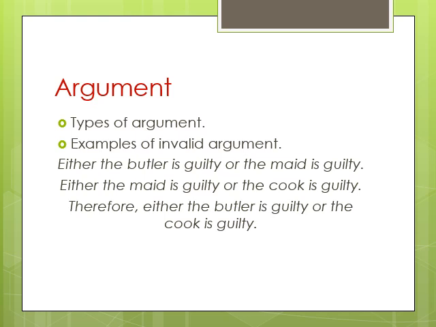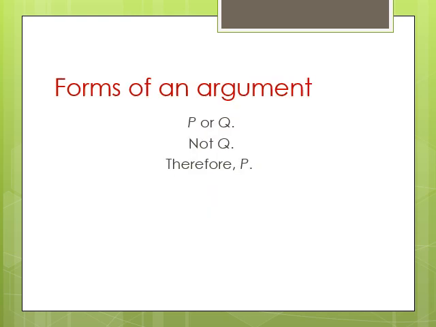They introduce two possibilities in the first premise, rule out the second one with the second premise, and then conclude that the first possibility must be the case. In other words, both arguments have the form P or Q, not Q, therefore P. It is this form and not the subject matter that makes this argument valid.